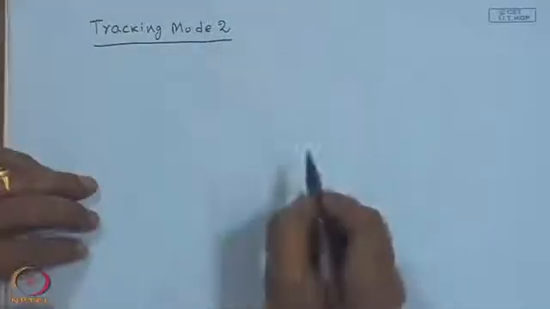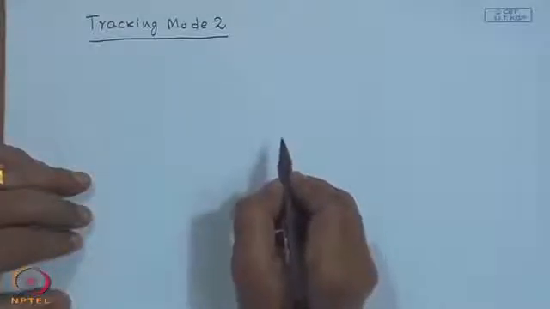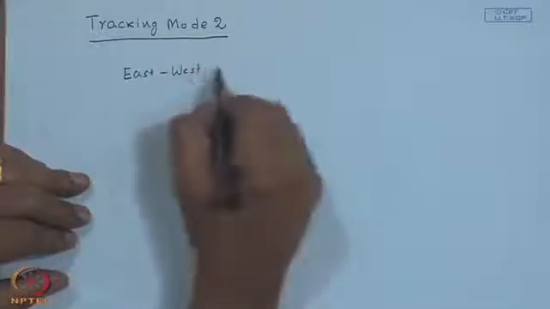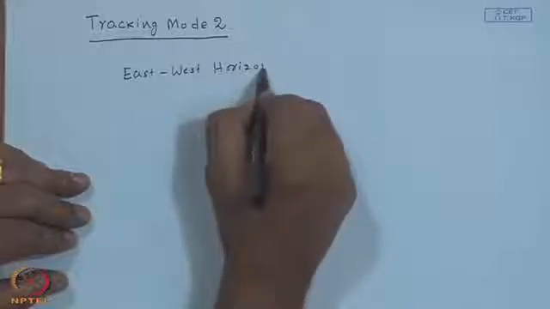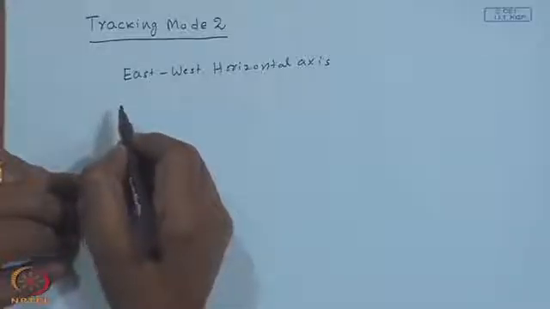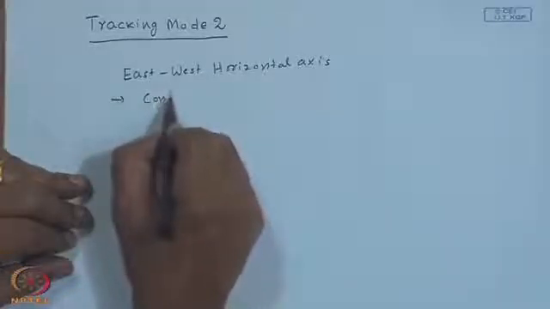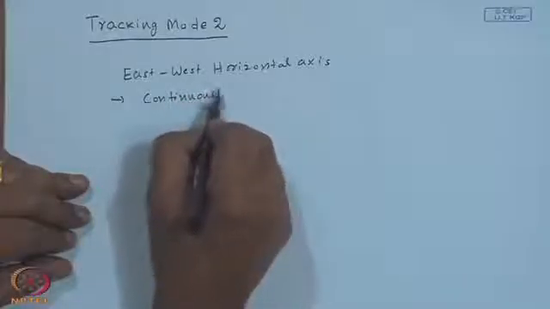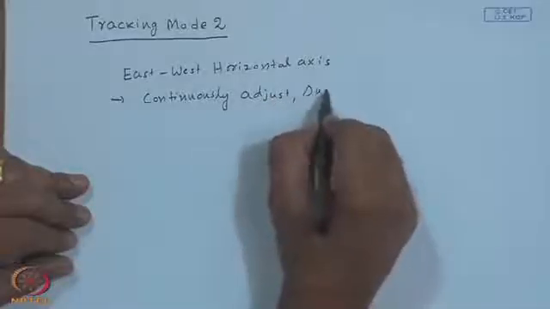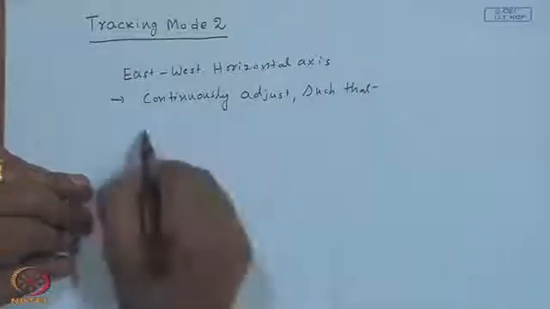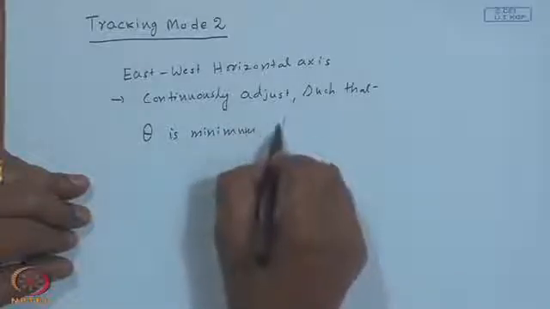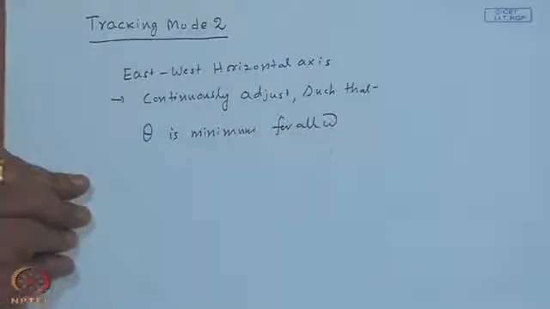We will do one step better than what we have done. Again, an east west horizontal axis, instead of one single adjustment per day, continuously adjust such that theta is minimum for all omega.